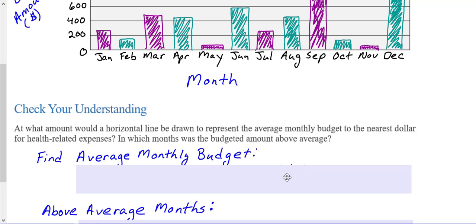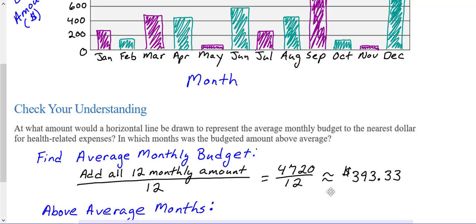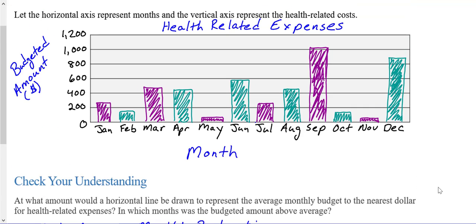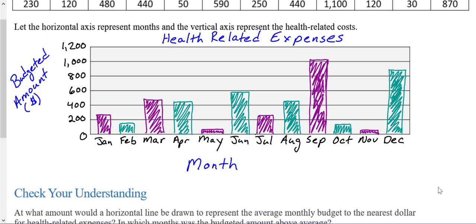As you remember, for the average, you're going to add all of your totals for each month, and then since we're doing it over a year, we would then divide by 12. And this ends up being approximately $393.33.